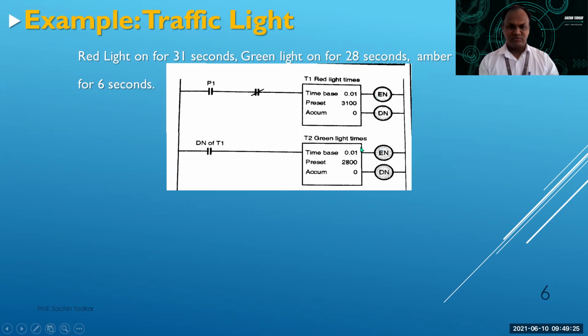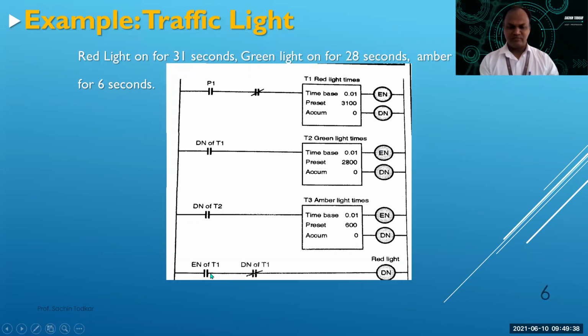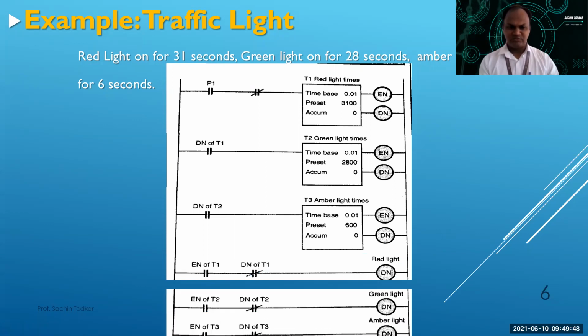Green light timer is 28 seconds, so it has been preset as 2800 preset. Similarly, amber light 600 preset. So that will be helpful. And afterwards, again, end of T1, timer 1 will be equal to red light, not applicable. So when timer 1 is done, then it will become 0.